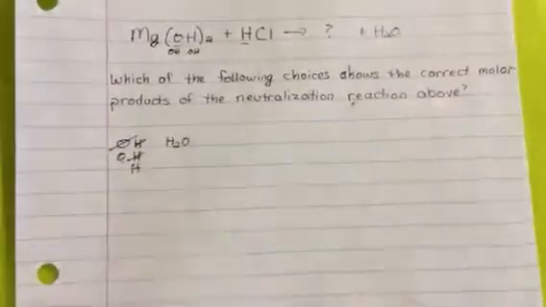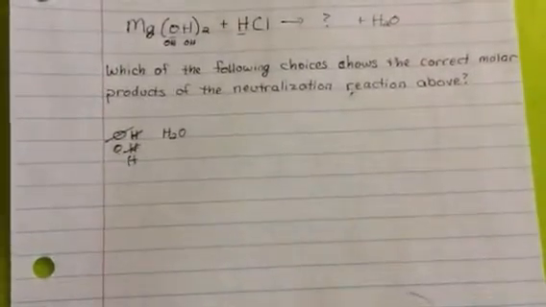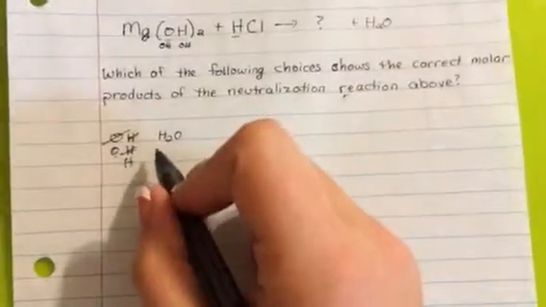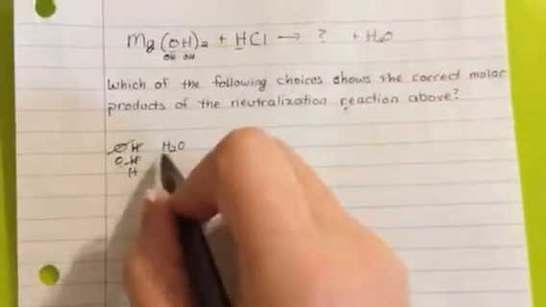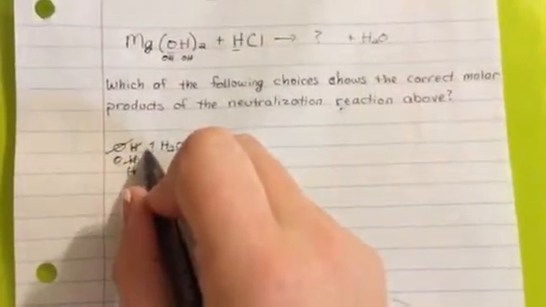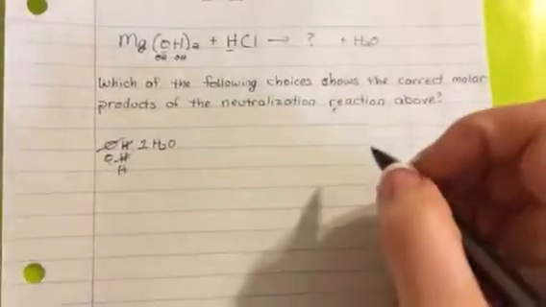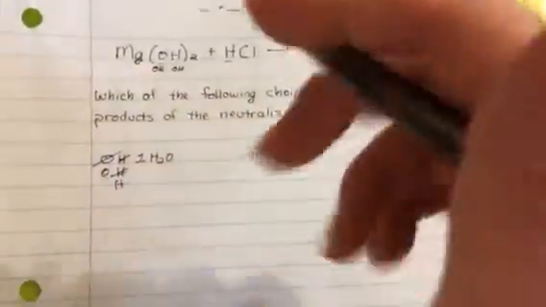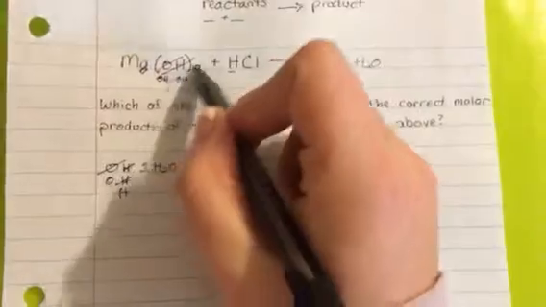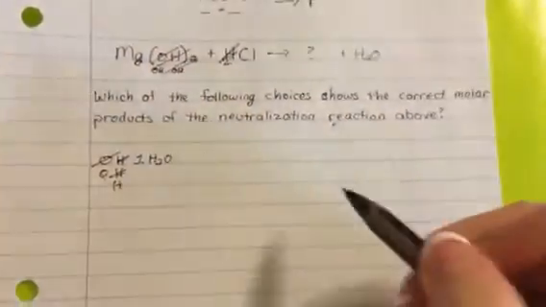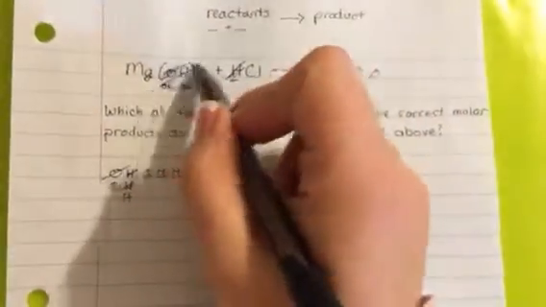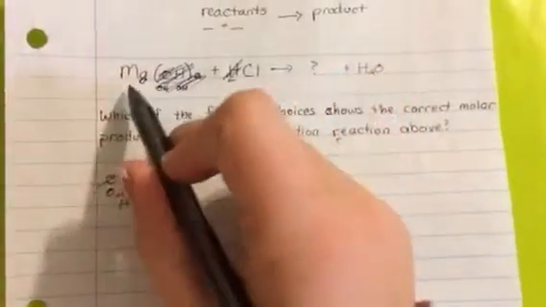We just need to figure out how many complete water molecules we can make. So don't worry about those extras, but we have 1 H2O molecule. Now that we've got that out of the way, let's cross all of this off so we don't get confused. What do we have left?